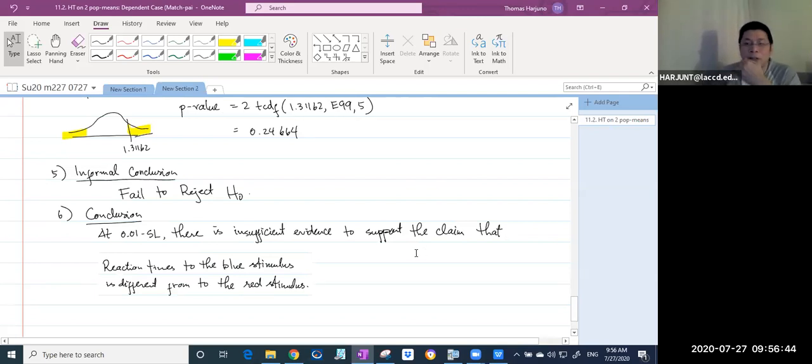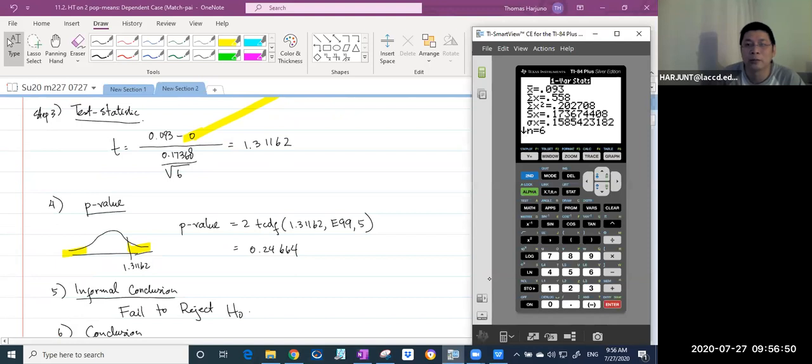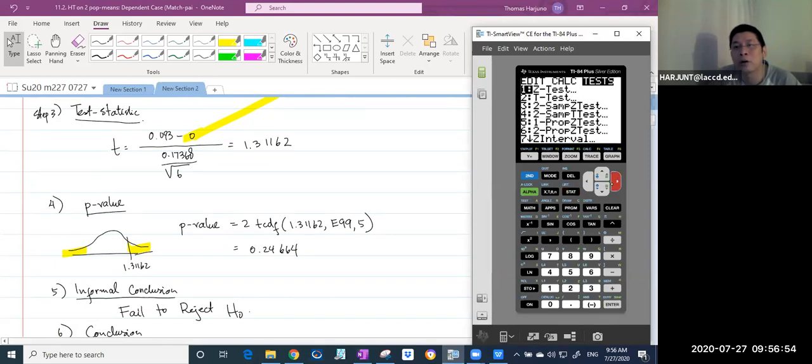Okay, now calculate. Suppose I do hypothesis testing using the calculator. So there will be a t-test, right? Using data from L3, and we do mu not equal to 0. Enter, I get this.